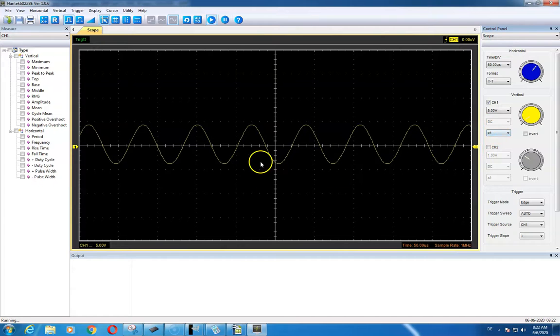Well, I'm not very proficient with this oscilloscope, but essentially you can measure the frequency and the period. The frequency over here is changing, jumping around, 14.7.